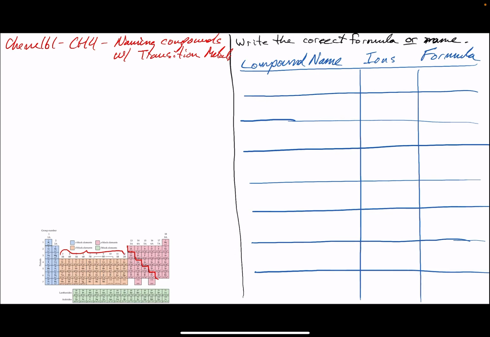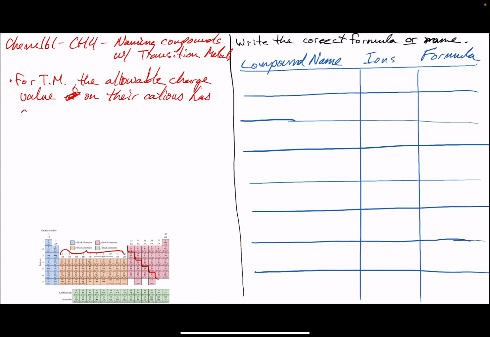So the idea here is that for transition metals, TM, the allowable charge value on their cations has a range, or has options.